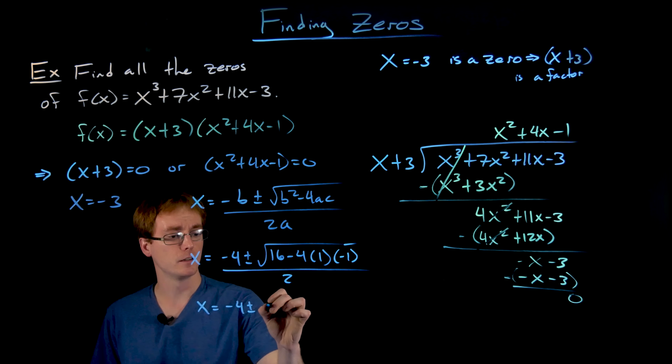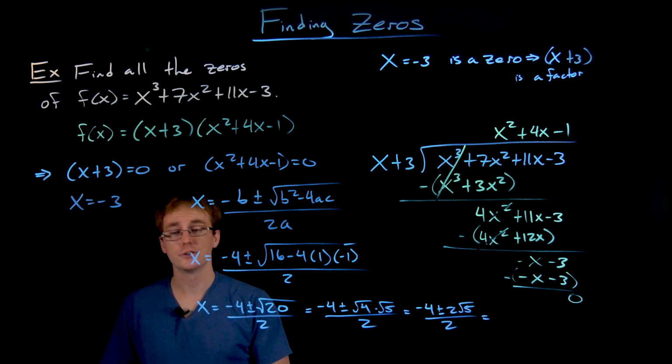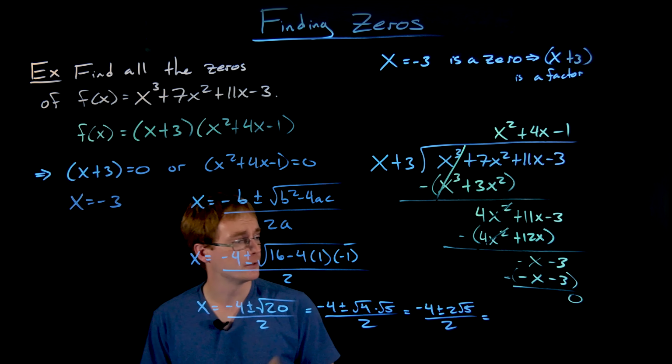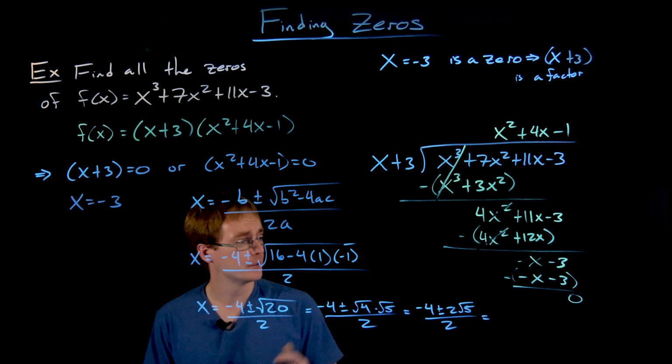Right, we can break apart the square root of 20 as the square root of 4 times the square root of 5. Then the square root of 4 is a perfect square that turns into a factor of 2. So we get negative 4 plus or minus 2 times the square root of 5 all over 2, but everything there is divisible by 2. So we can actually do that division or cancel that factor of 2 out. And we end up with negative 2 plus or minus the square root of 5.